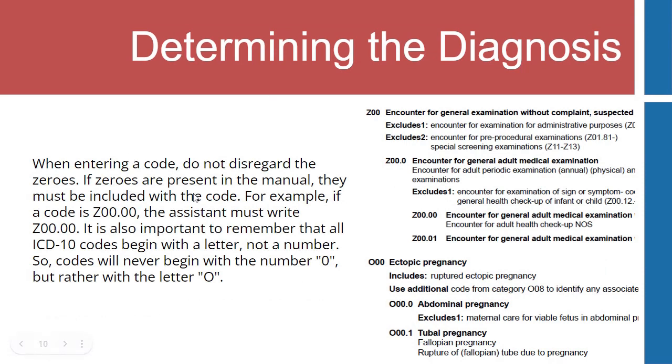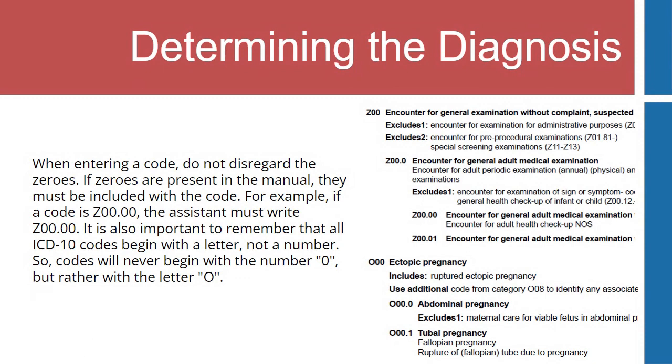So if zeros are present in the manual, they must be included. For an example, if a code is Z00.00, the assistant must write Z00.00, okay? It is also important to know that codes will never begin with a zero. So let's just say a provider writes a code, or maybe you get an order.